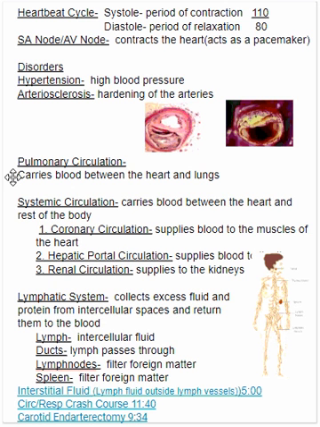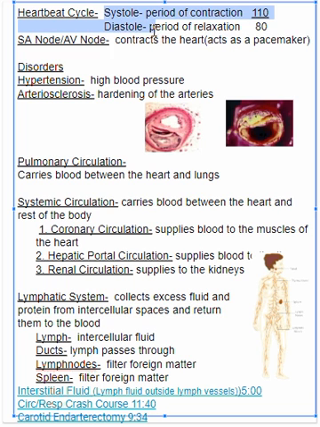You should make sure that you know the chambers of the heart as well as the valves and vessels that they also have contained in it. The heartbeat cycle is divided into two parts, systole and diastole.